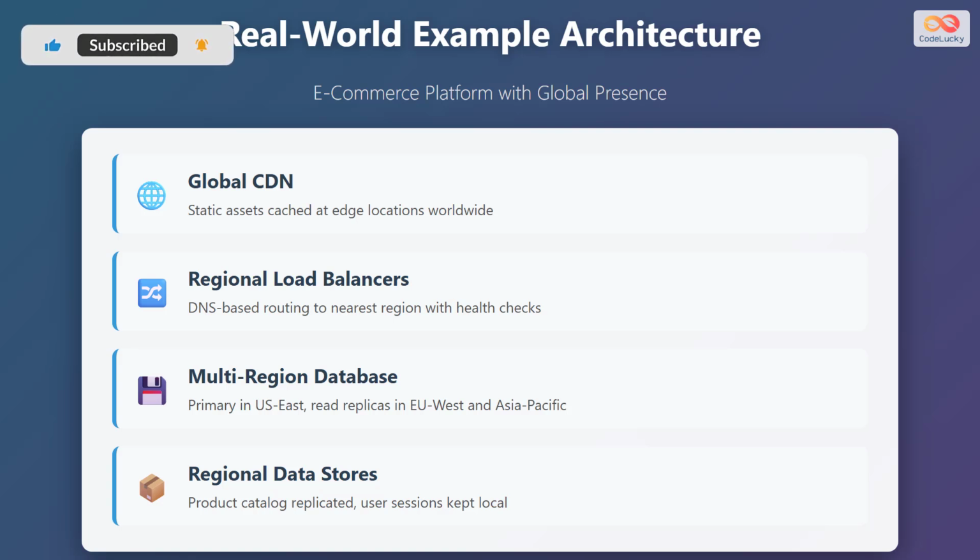The data layer features a multi-region database with a primary in US East and read replicas in US and Asia Pacific, enabling fast local reads. Regional data stores replicate the product catalog across all regions for quick access, while keeping user sessions local to reduce latency. This architecture provides users with fast page loads, reliable service, and seamless shopping experiences regardless of their location.